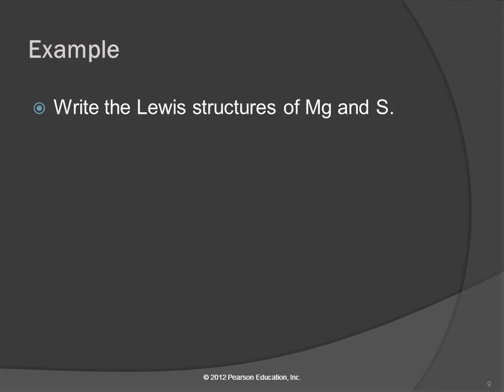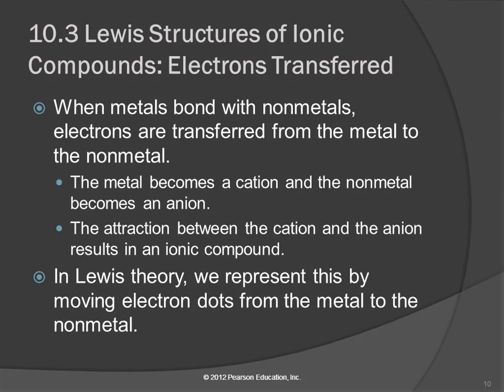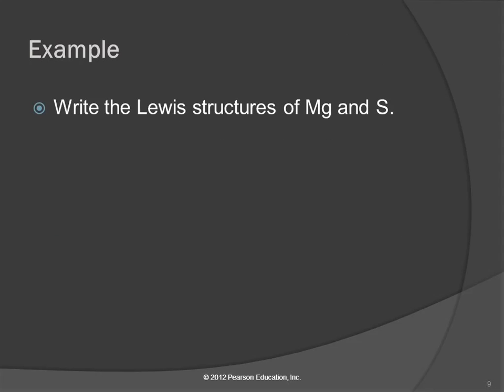So let's see how this works. So let's write Lewis structures for magnesium and sulfur. And first of all, I'm going to peek ahead. So magnesium and sulfur. So the symbol for magnesium is Mg.